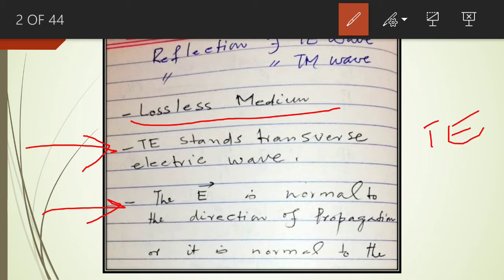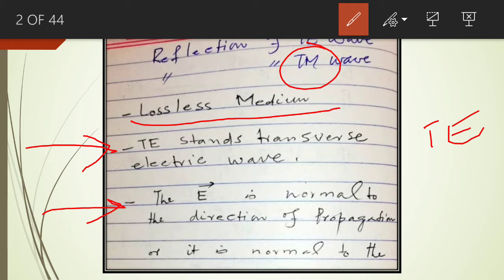If the wave is TM wave, then the magnetic field intensity of this wave will be perpendicular to the plane of propagation. It will be perpendicular to the direction of propagation. So TM stands for transverse magnetic wave.